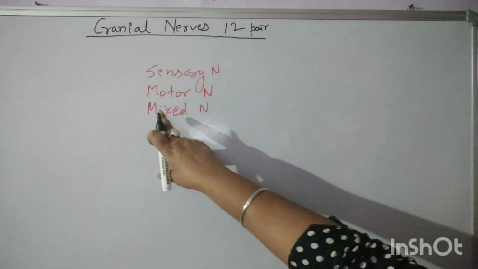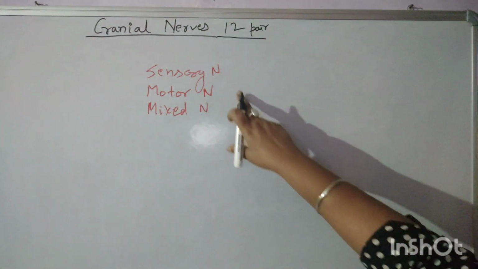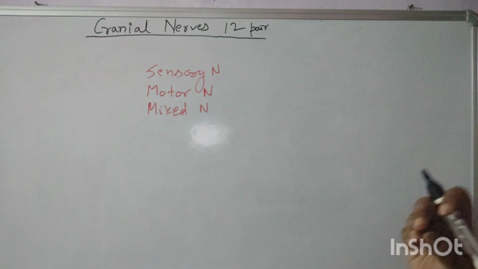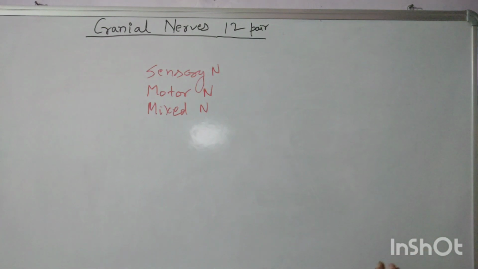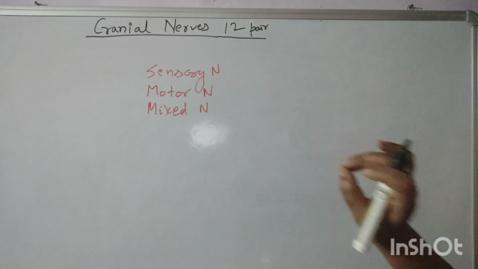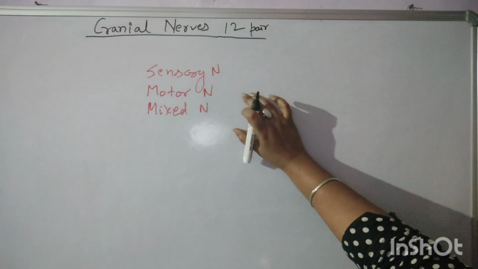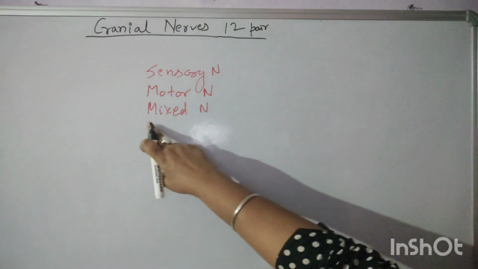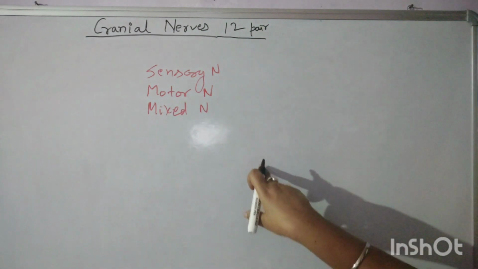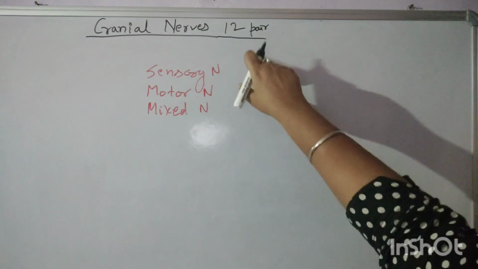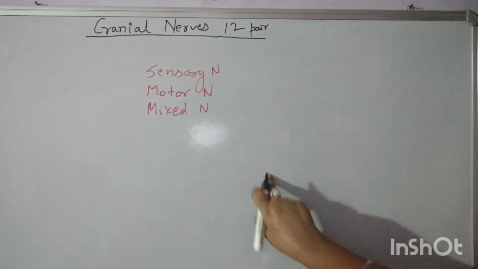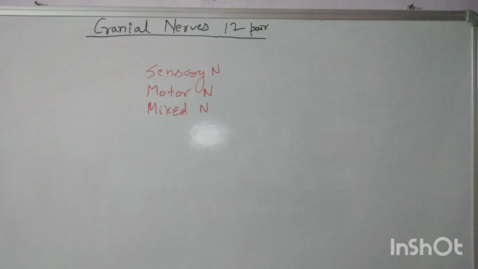And motor neurons will bring the impulses from the brain, like all the voluntary muscles whose movement we can control. Now mixed nerves also take the messages from organs to the brain and from the brain to the organ. They will perform both dual actions.